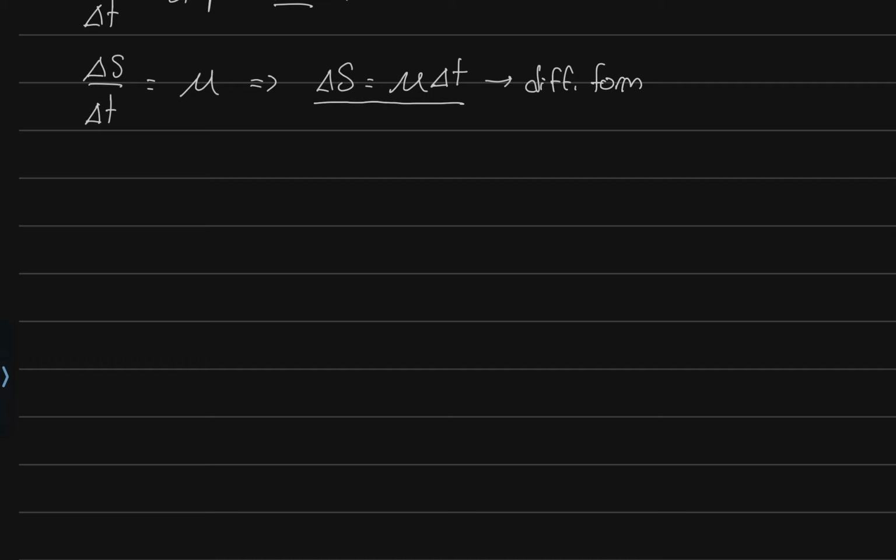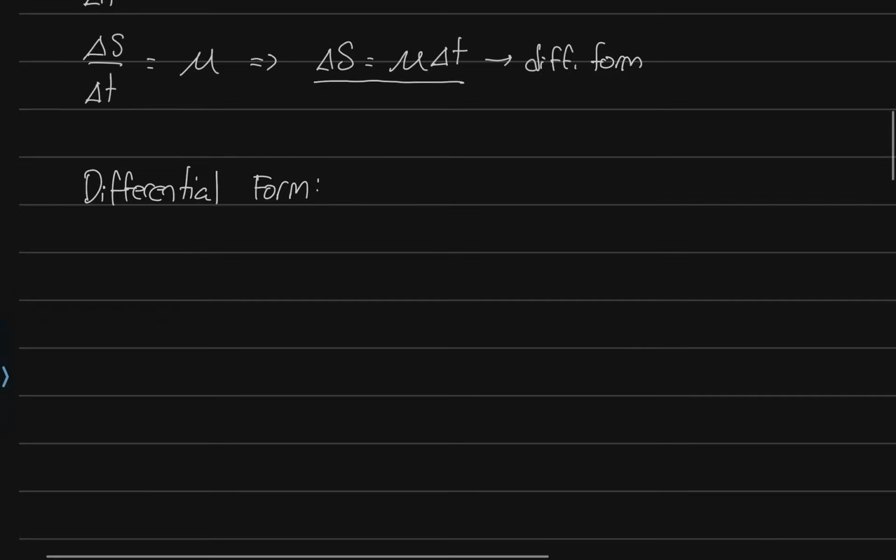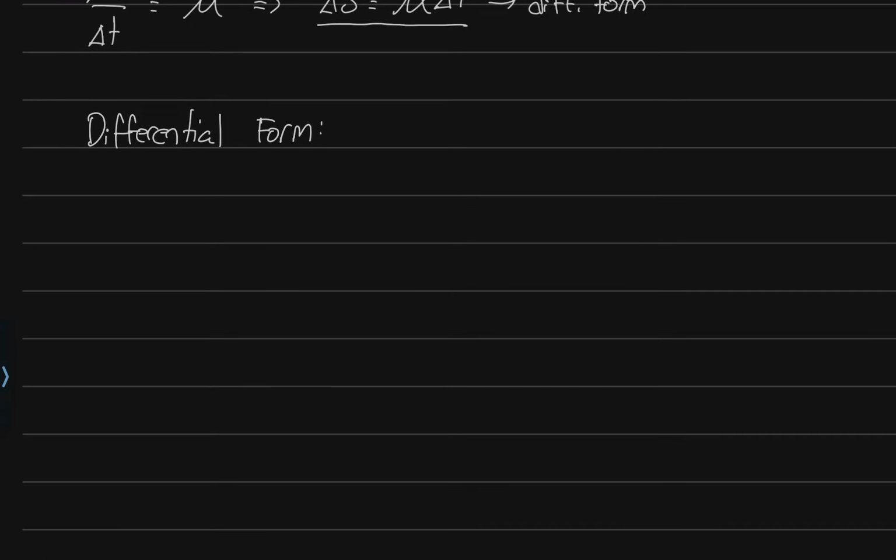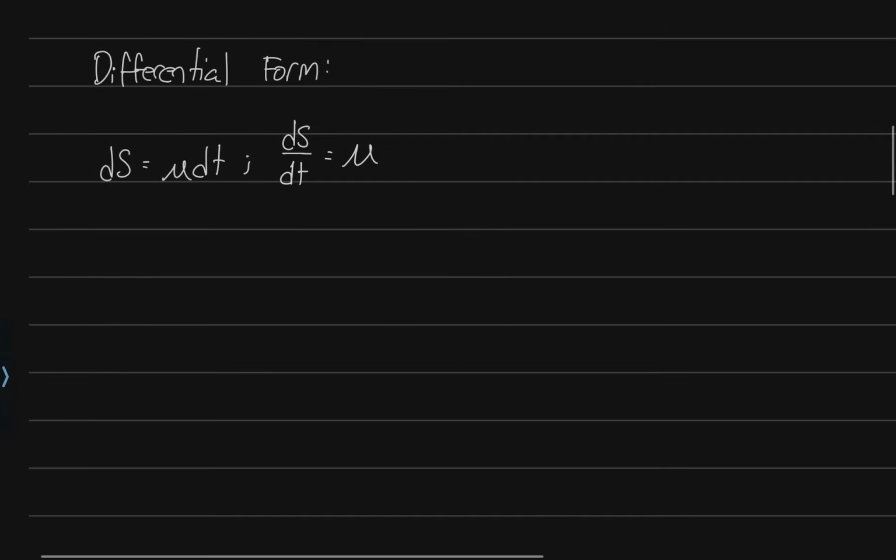So in differential form, we can represent this as ds is equal to mu dt. And just another way to write that, we know that ds over dt is going to be equal to mu.